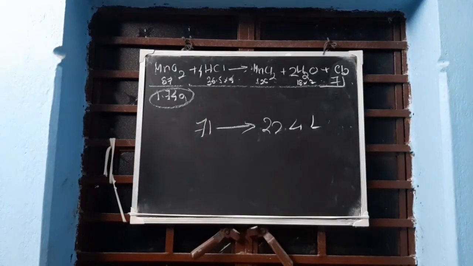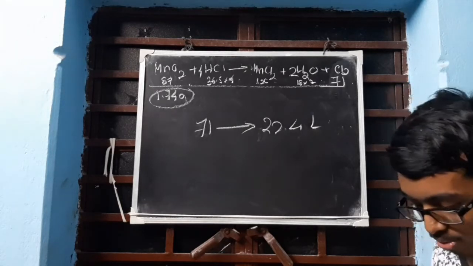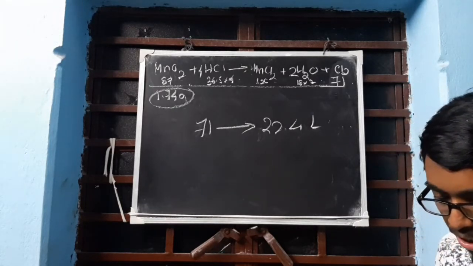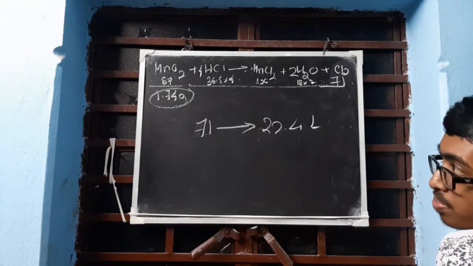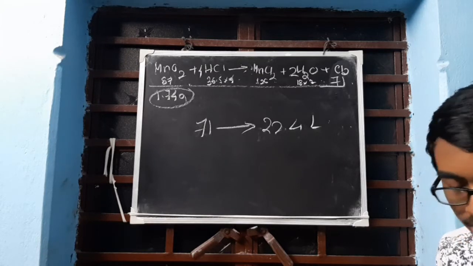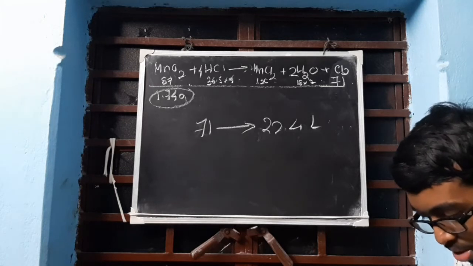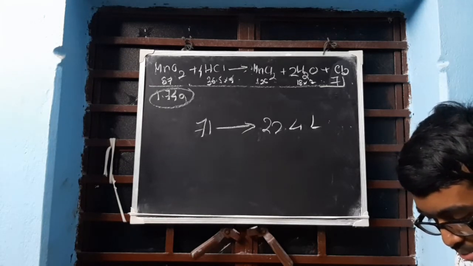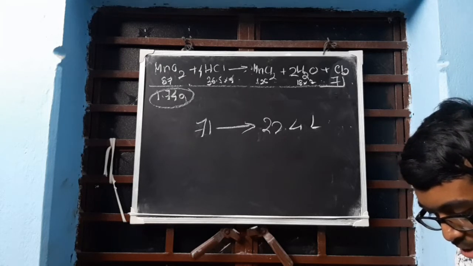So 71 will be occupying 22.4 liter. 22.4 divided by 71 multiplied by 1.42.